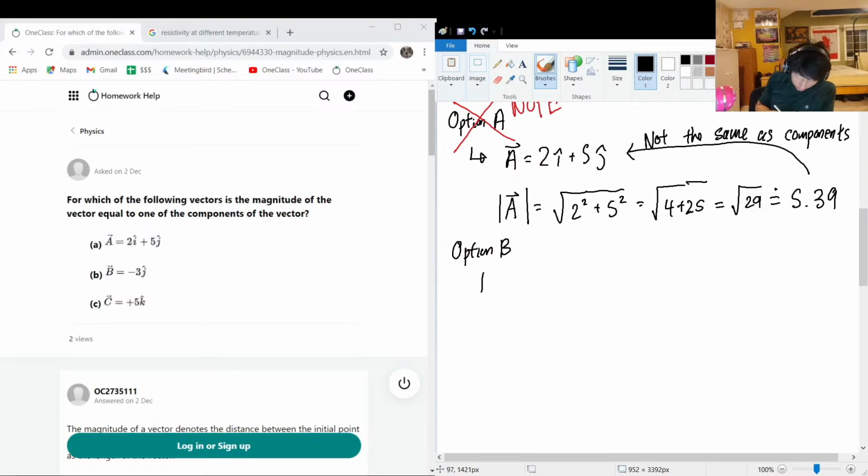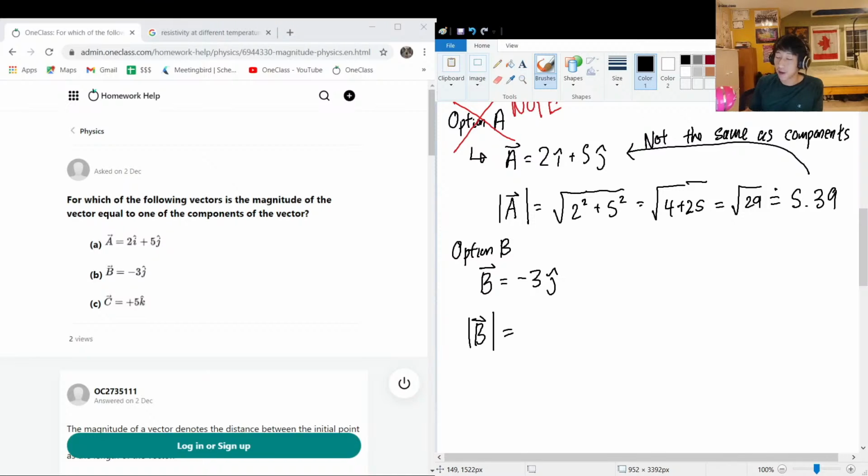Option B looks like this. B is equal to negative 3j. Now, to do the formal part of the magnitude, of course you could see that it'd just be the square root of itself squared, so it should just be one thing.